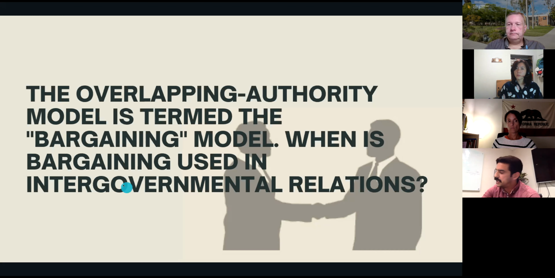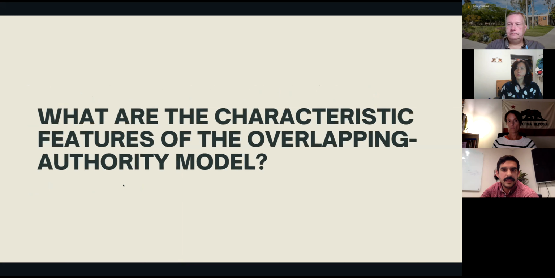So, looking to wrap up this model, what are the characteristic features of the overlapping authority model? Just going back to that diagram, what does it encompass within this model?